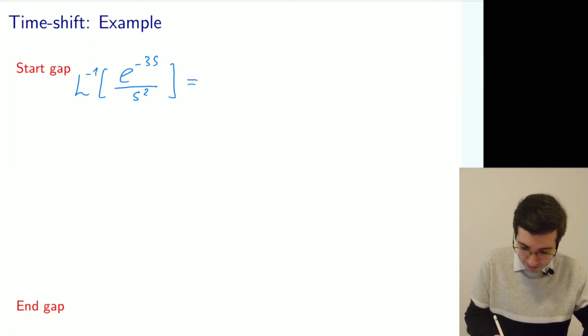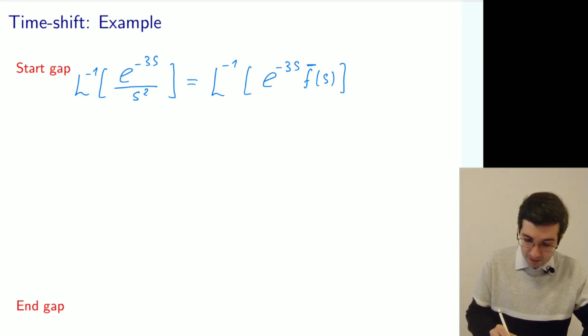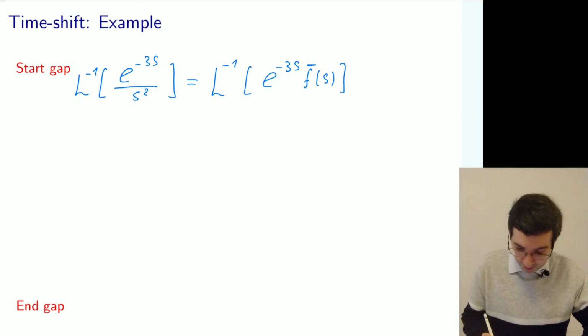And we can write this in an equivalent form as the inverse Laplace transform of that exponential times the Laplace transform of a function, where this function's transform is just 1 over s squared.